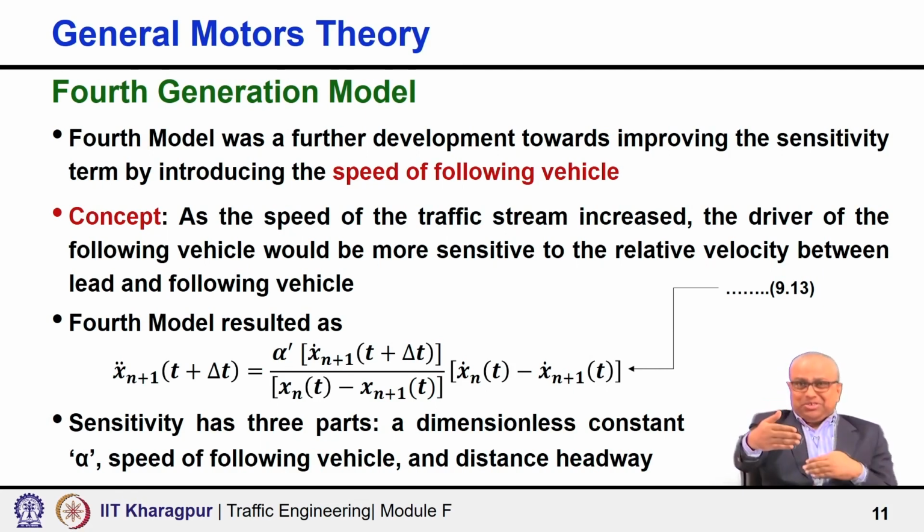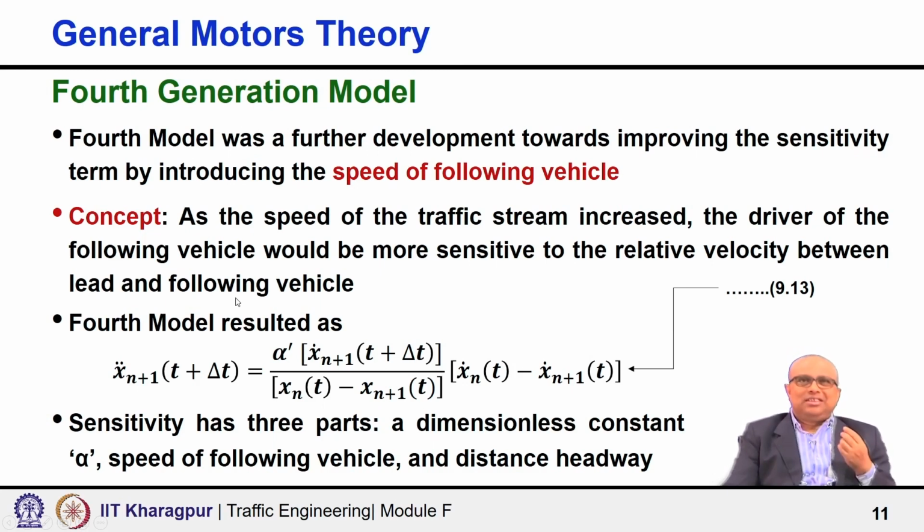Let us consider the same distance between the lead vehicle and the following vehicle, but in one case the following vehicle is travelling at a higher speed, and in another case it is moving at a lower speed. In both cases the sensitivity cannot be the same. So, another term was introduced: the speed of the following vehicle in the sensitivity term.